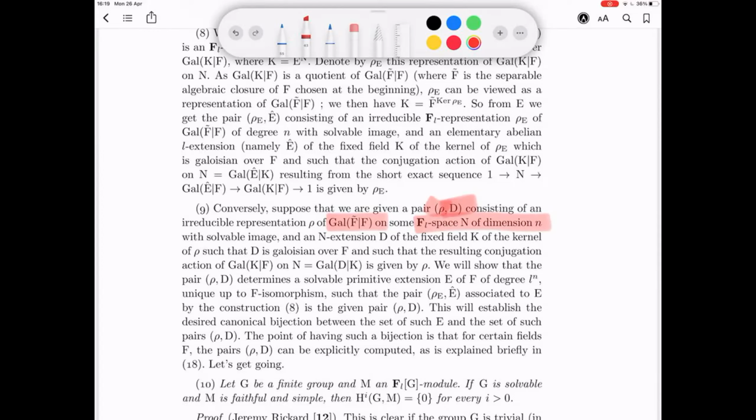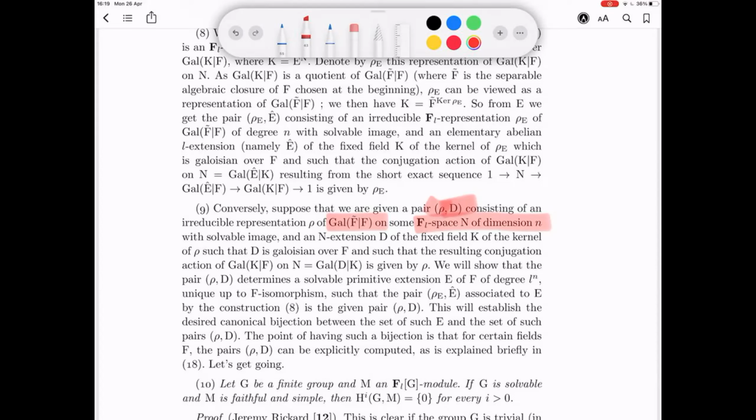Okay? So this extension D of K is abelian over K with a Galois group of exponent L. And it is also required to be Galois over F. Of course, you know that if you have a Galois extension of a Galois extension, it doesn't have to be Galois over the base, right?